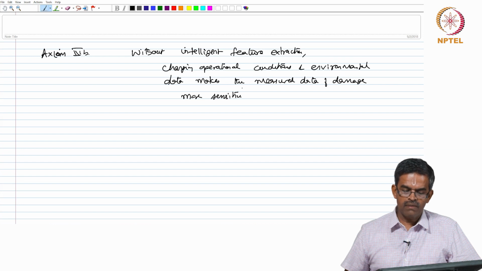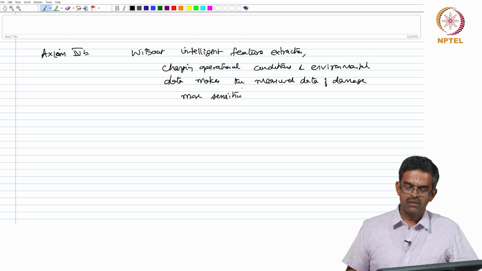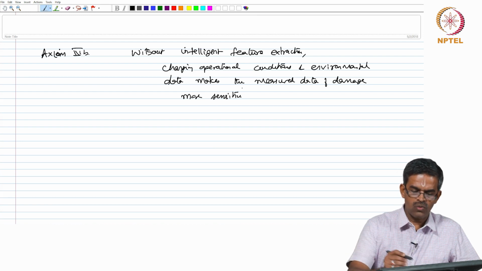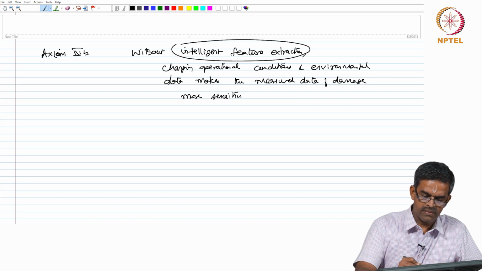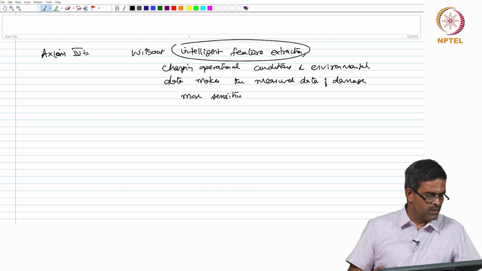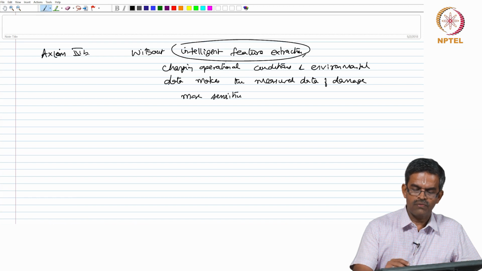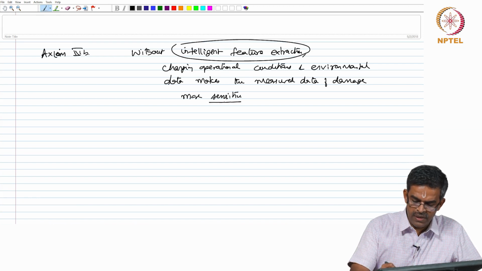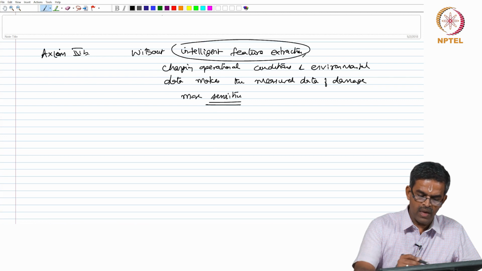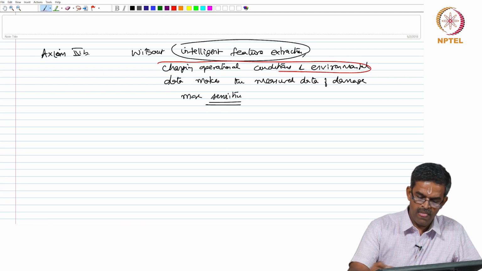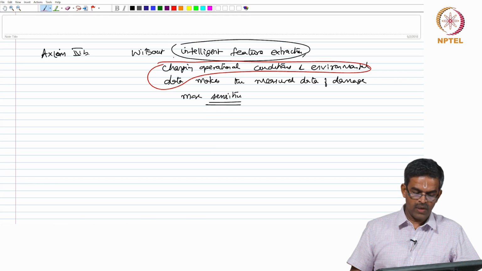Any change in data related to operational or environmental conditions may give a false implication that it is relevant to damage. You have to confirm that it is damage only through intelligent feature extraction. Without it, the sensitivity to these two parameters will become very dominant.